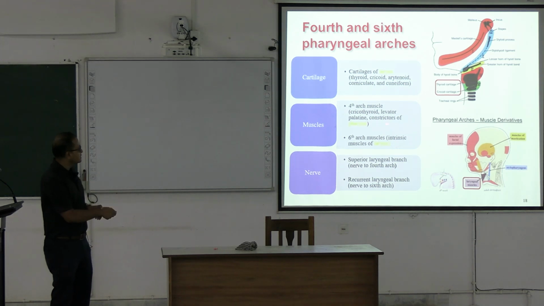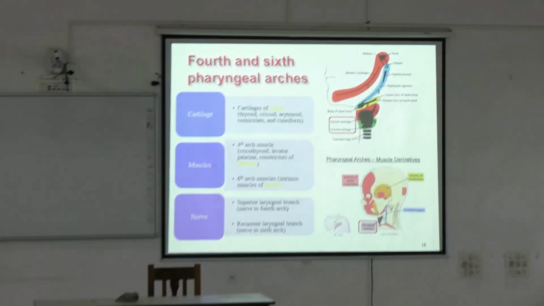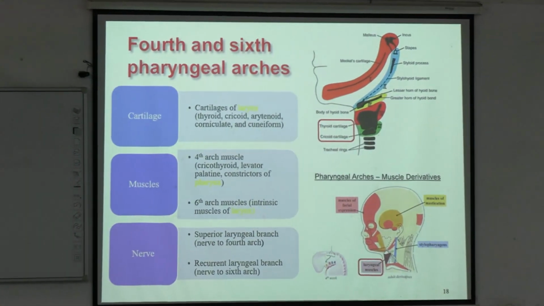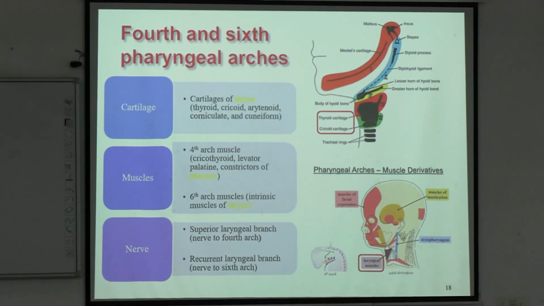These constrictor muscles of the pharynx are produced by pharyngeal arch number 4 and supplied by the superior laryngeal branch of the vagus, except for something we are not complicating right now. So these are the fates of these arches, their cartilages and muscles.